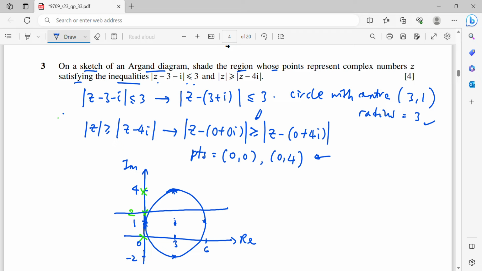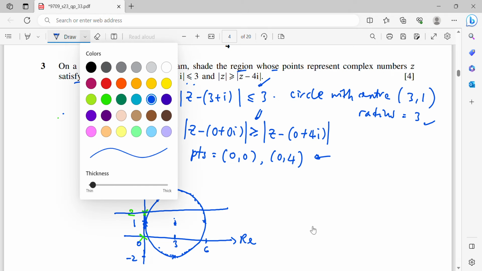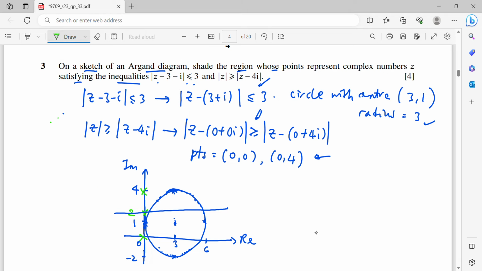So the first one is actually the region inside the circle, because it is less than or equal to 3. For your information, all the points on the circumference of the circle are the equal sign. When it is less than, it means all inside the circle. Now we know that the region will be inside the circle, but then what about the second inequality?